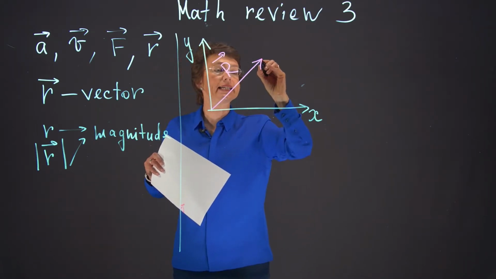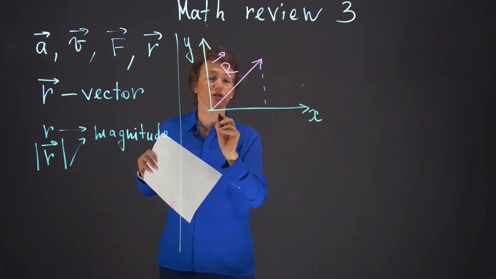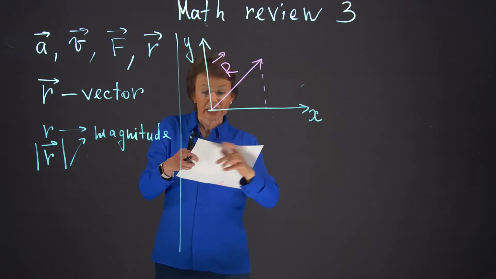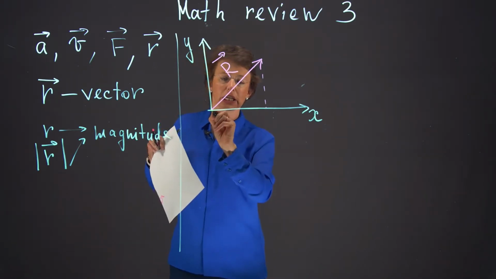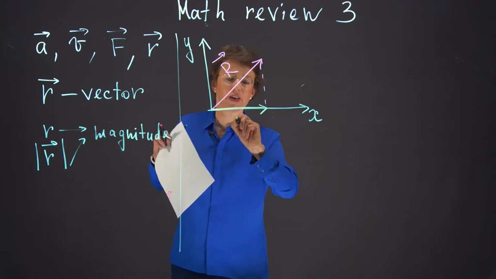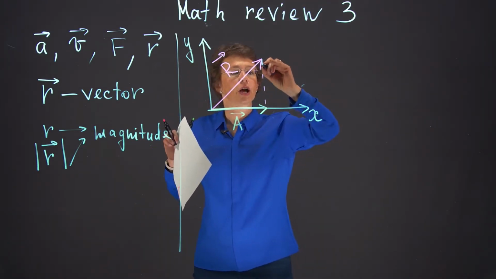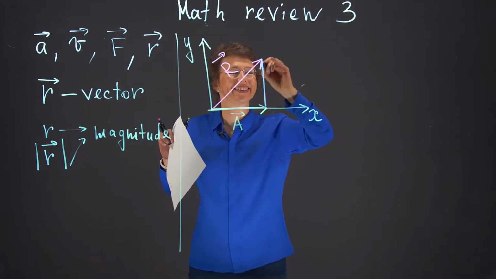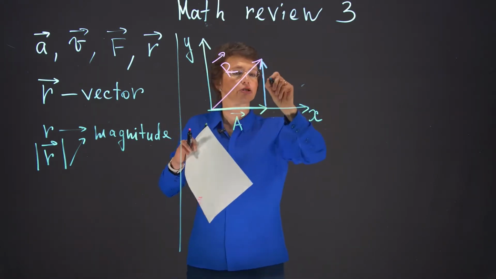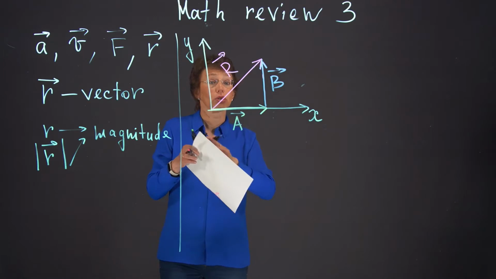And we understand that this vector r is a vector sum of two vectors. This is vector A, and this is vector B. We know the rule.